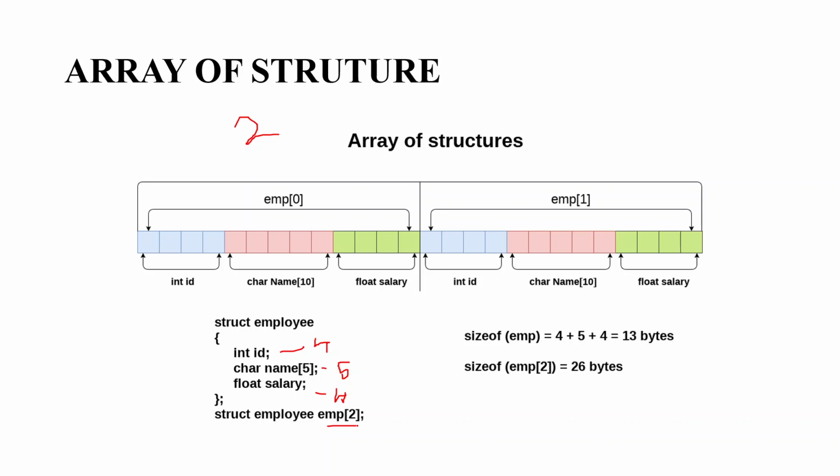We have given an array of objects, so for 2 employees, 13 into 2, 26 bytes will be allocated. For 1 employee it is going to be 13, and for another employee it is going to be 13. So this is how the array of structure concept works.